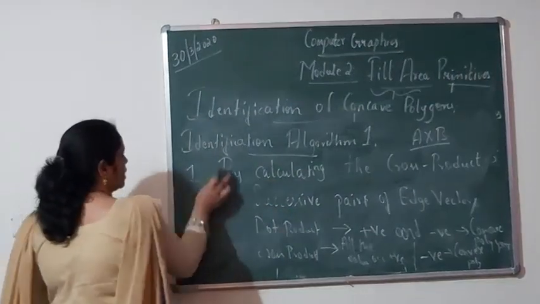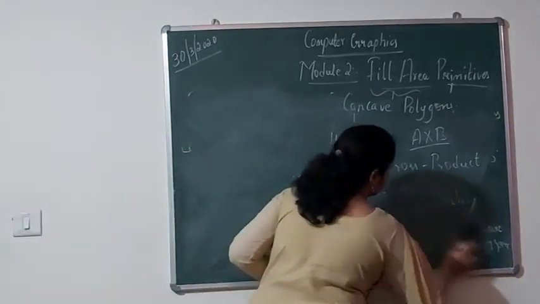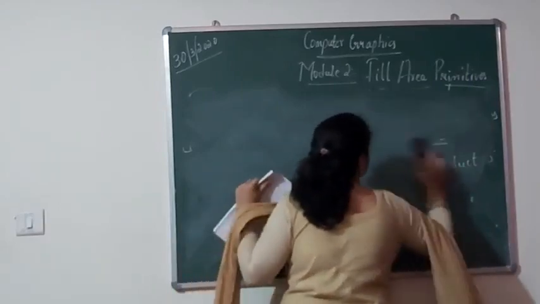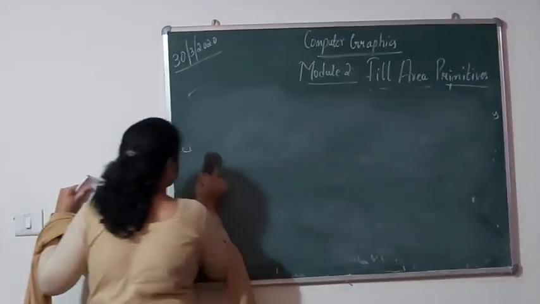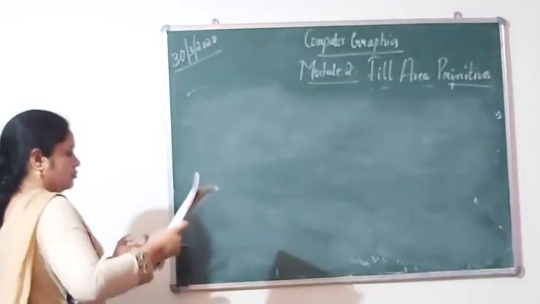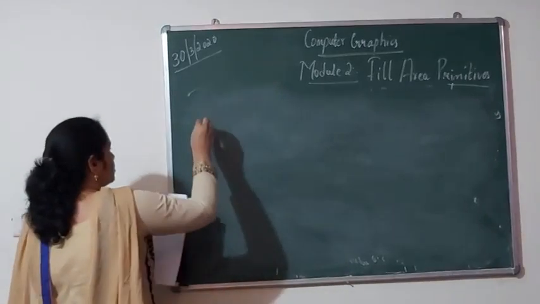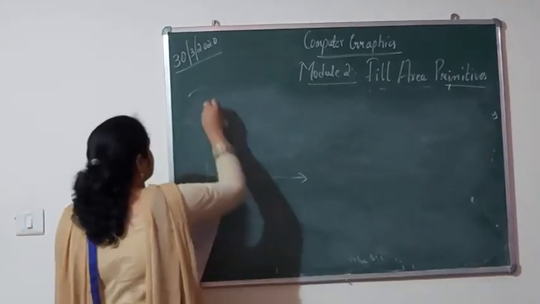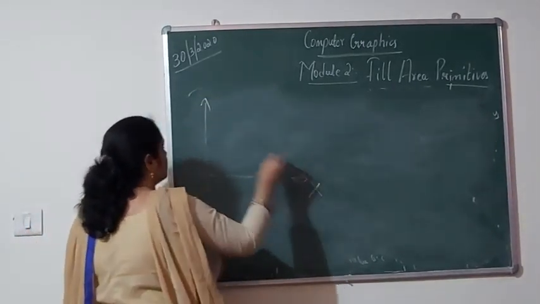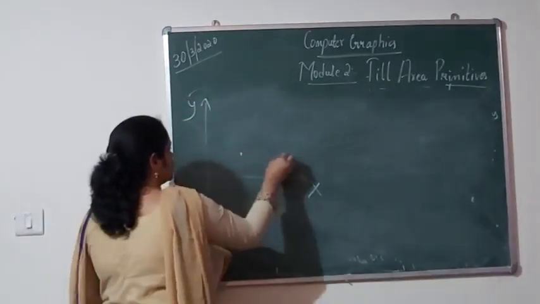Let us see it with an example. I will be considering a polygon here. This is my coordinate axis, x and y coordinates. So consider a polygon.